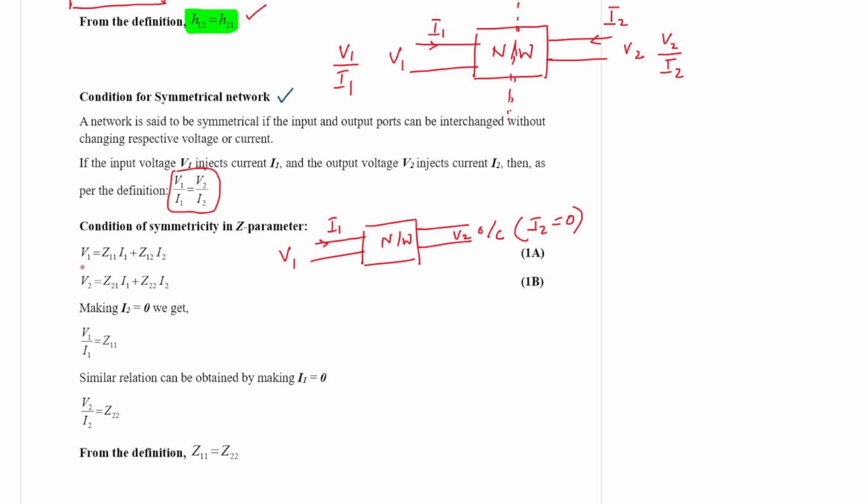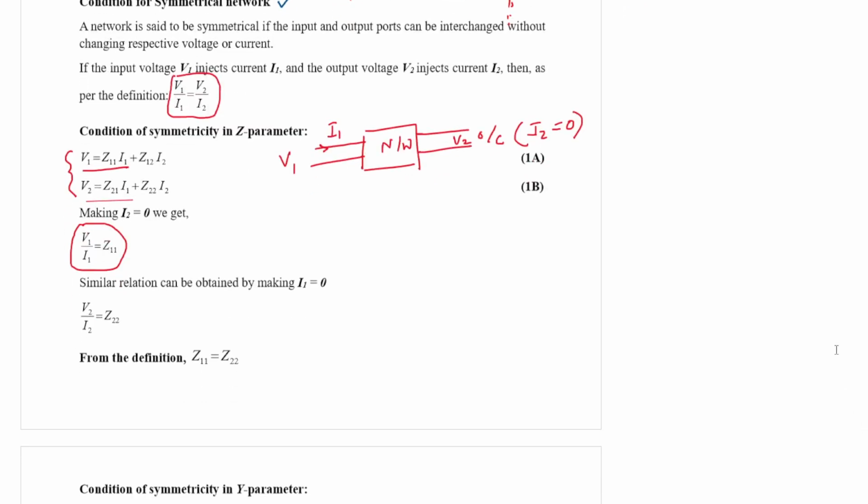So let us do that in terms of Z parameters. Again, these are the two fundamental equations. When I2 becomes 0, then V1 is equal to Z11 I1 and V2 is equal to Z21 I1. So V1 by I1 immediately follows: V1 by I1 is equal to Z11. And if you carry out a similar analysis, suppose we have a network and this time you are exciting it from the output port V2, injecting some current I2.